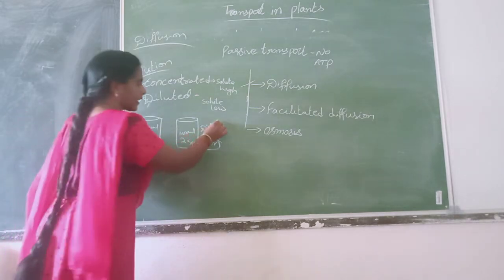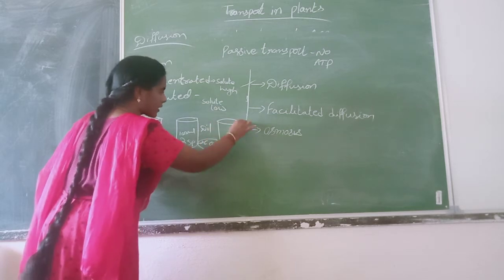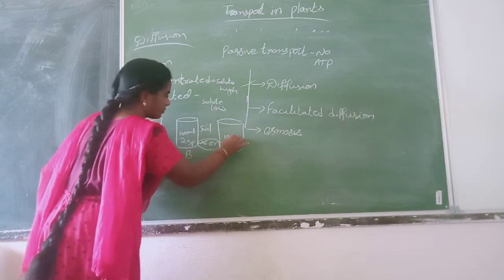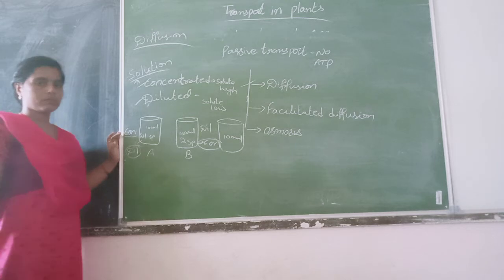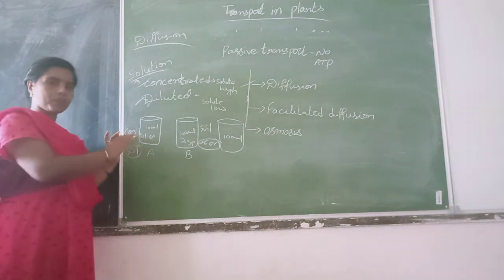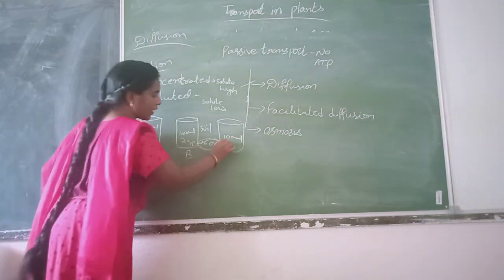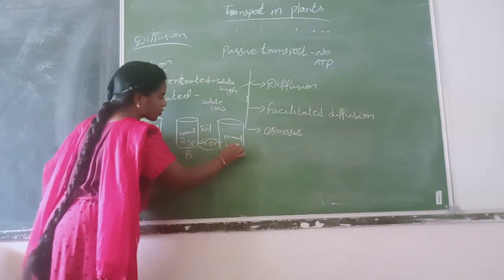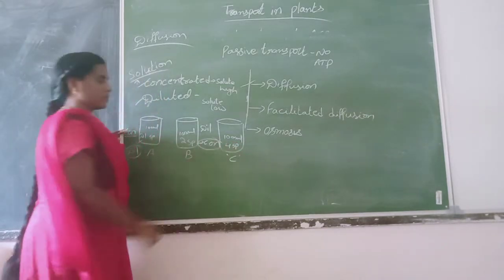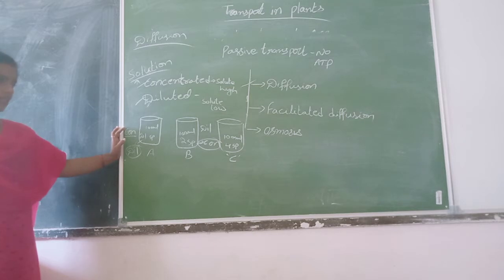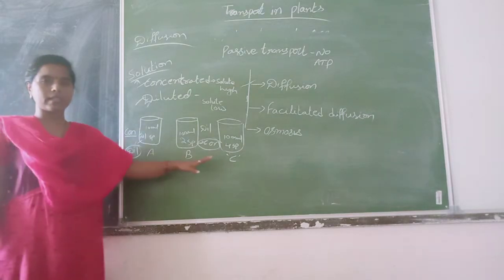Imagine we are taking one more glass of water with the same amount. Again here also we take the same quantity of water, but here we are going to take 4 spoons of sugar. What will you say? In this case, which is the concentrated solution?